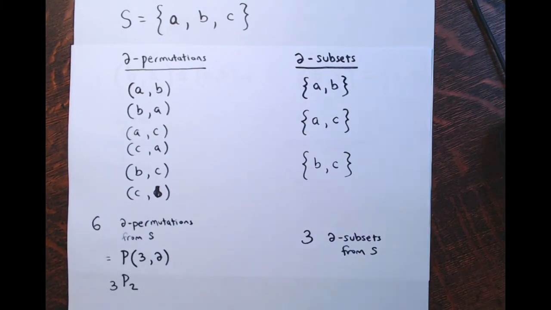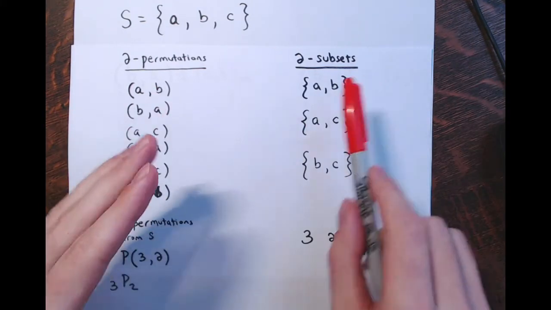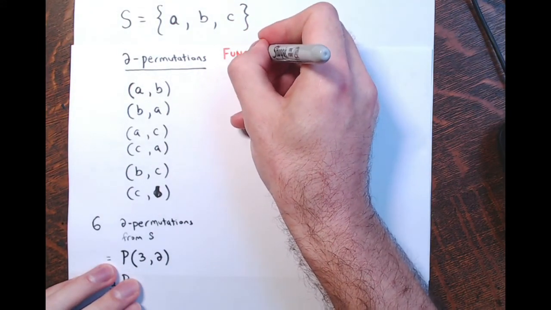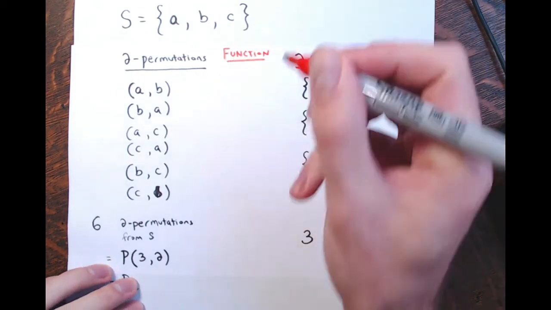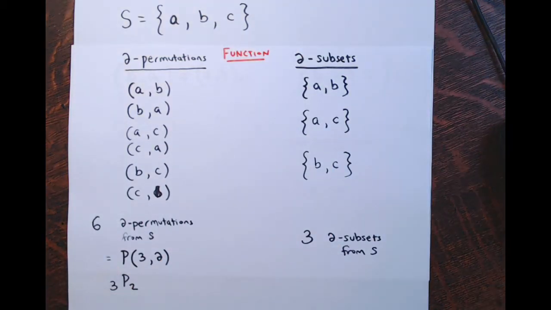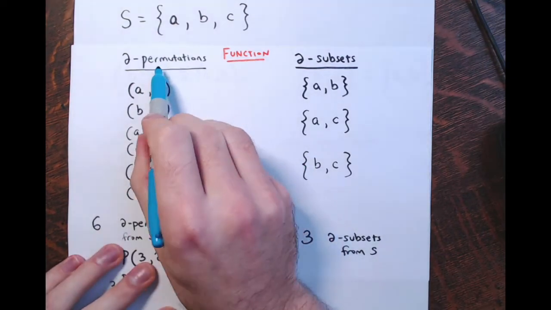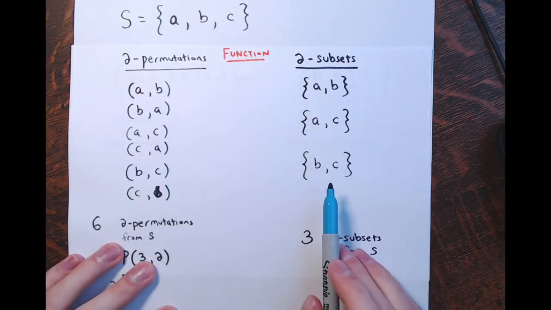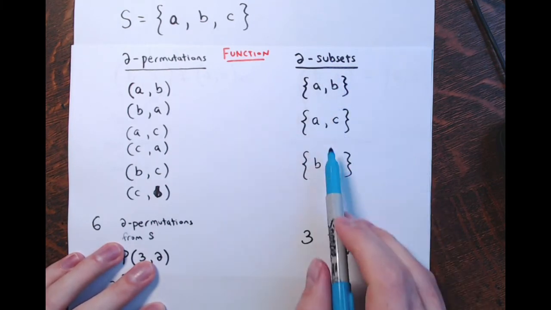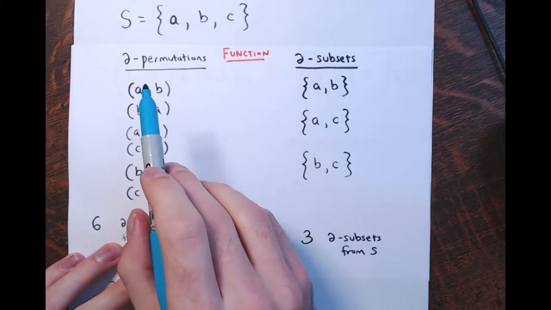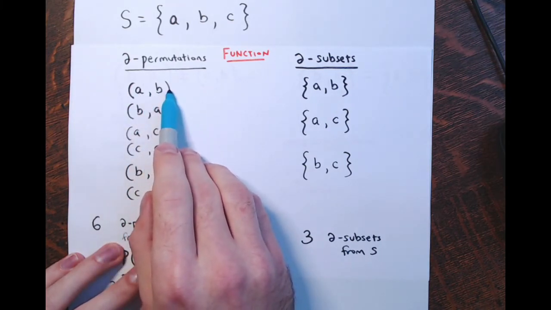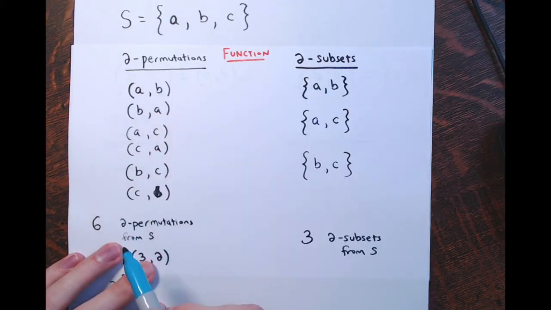Now, as I was saying before, the reason I put these like this is, imagine we have a function. I'm going to create a function between these. And the rule for the function is this. It's going to be a function where the domain is the permutations, and the target set, the codomain, is the subsets. And the rule for the function will be this: whatever elements are in the permutation, that permutation will map to the subset with those same elements.